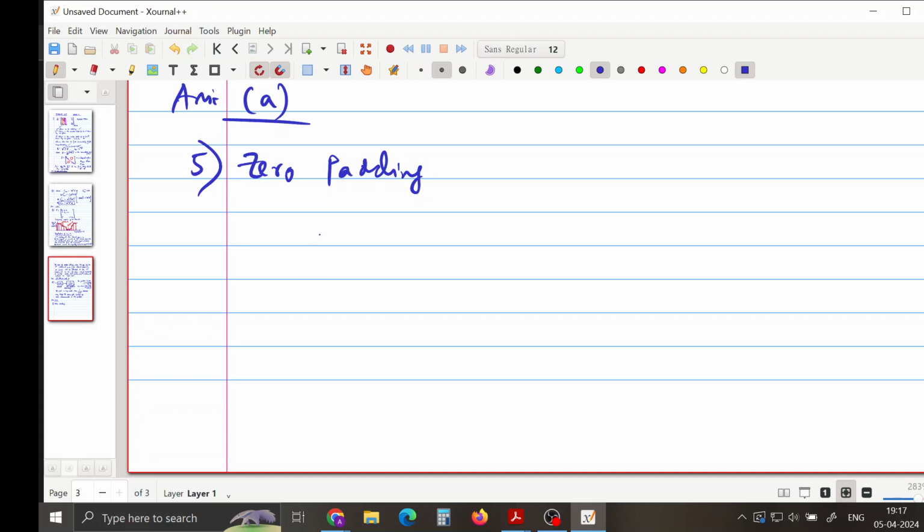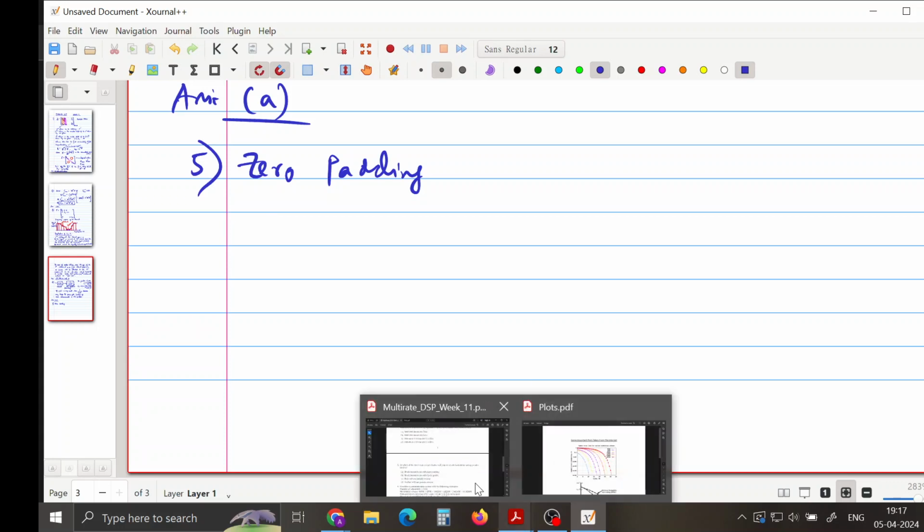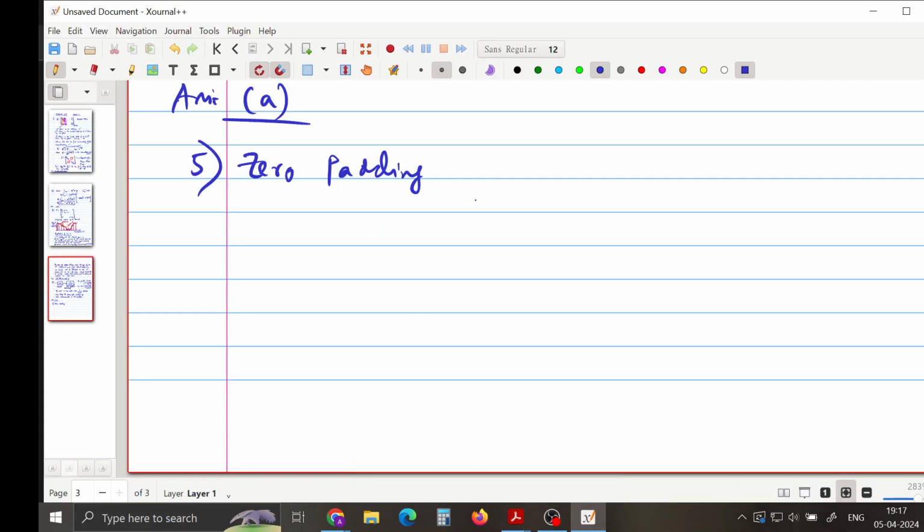For block transmission, because it's a data block, right? It's a collection of symbols. So the first step, which I mentioned, is you add the redundancy.